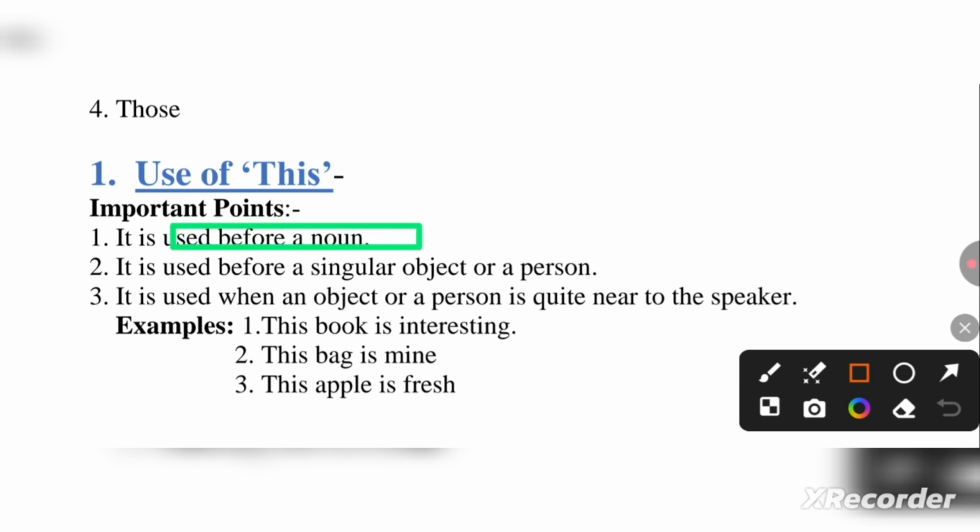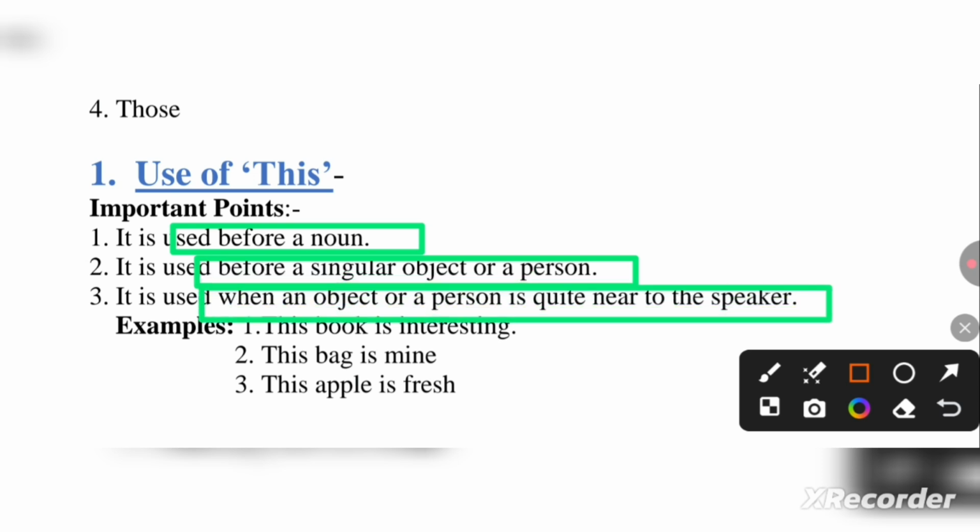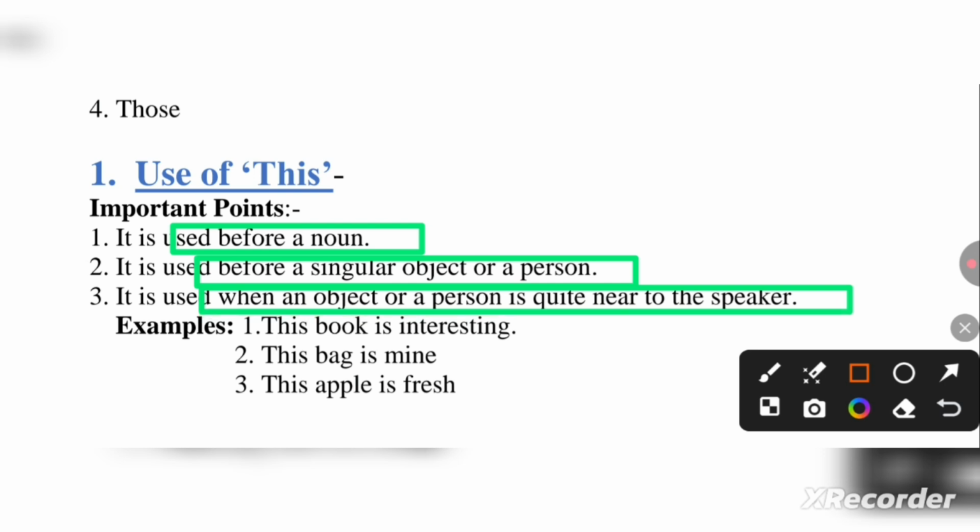First one, it is used before a noun. Second one, it is used before a singular object or person. Third one, when an object or a person is quite near to the speaker.